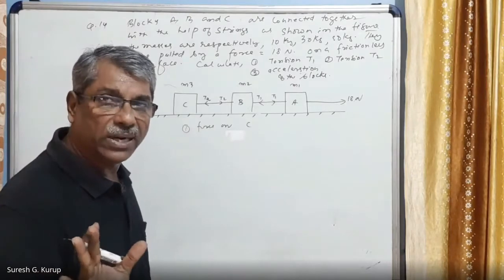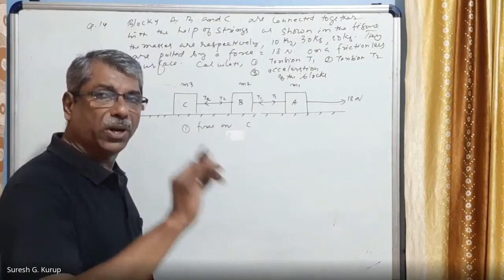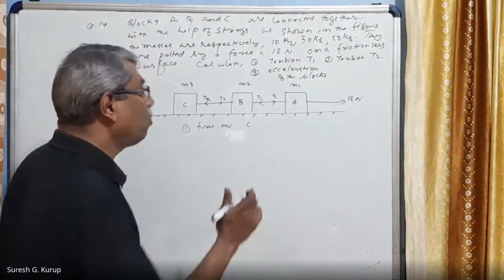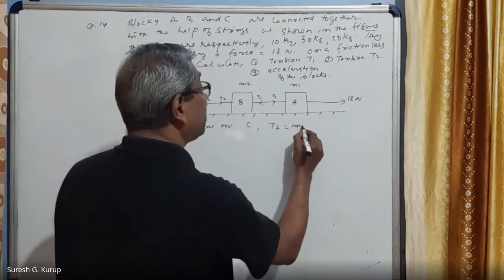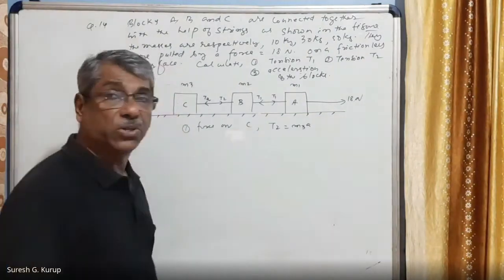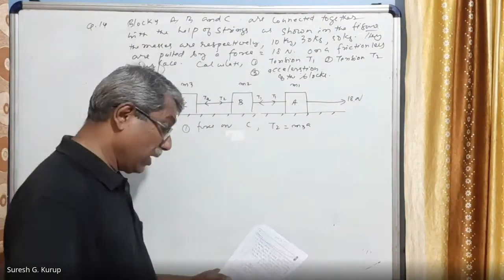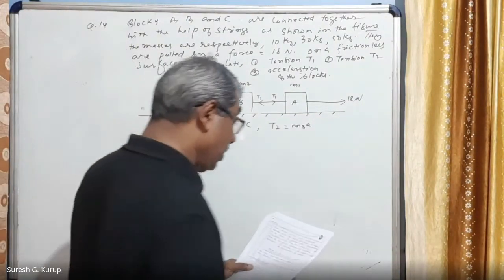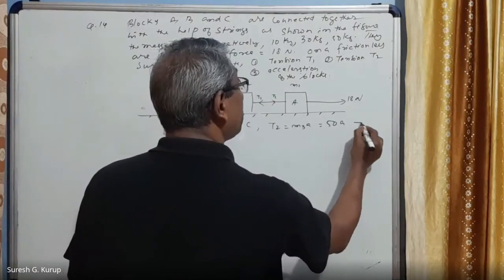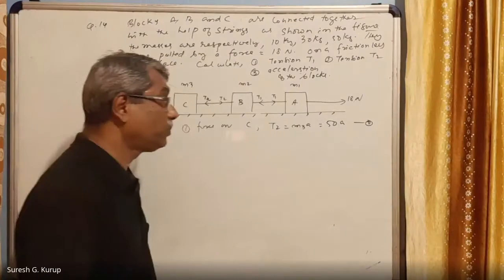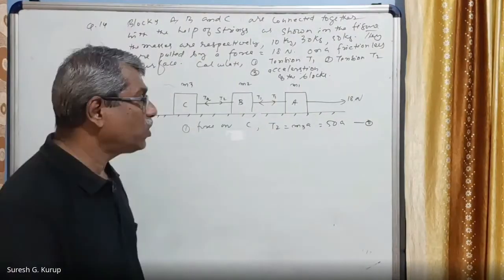So T2 pulls the body in the forward direction. Therefore, we can write T2 is equal to M3A. M3 is 50, so that is equal to 50A. This is equation number 1. Very simple, because the value of M3 is 50.